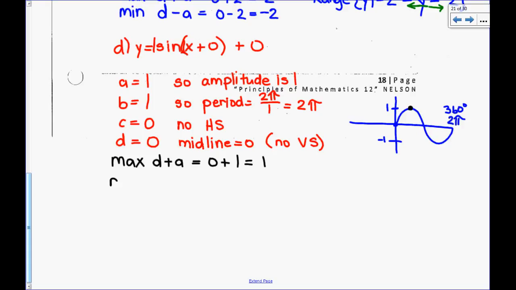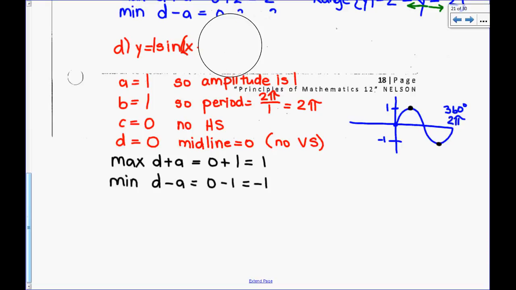And my minimum point would be my midline minus my amplitude, so that's 0 minus 1, so my minimum point would be at negative 1, and yes it is. Okay. So hopefully you knew you were right because you got the basic characteristics of the regular basic sine function, y equals sine x.